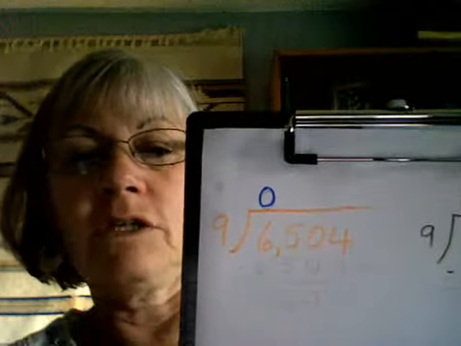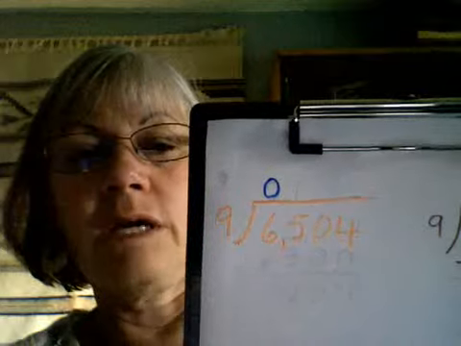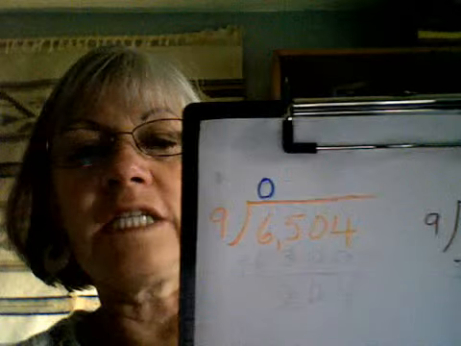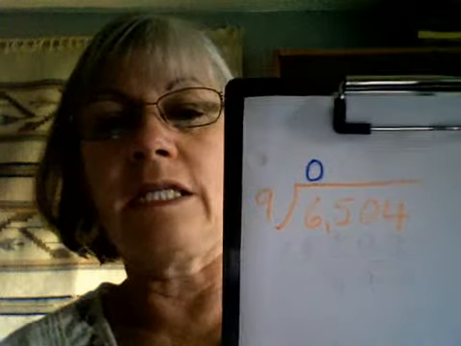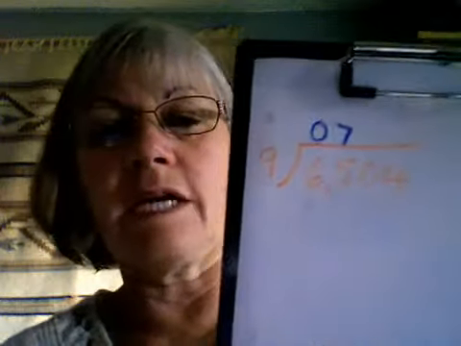Next we move over to the hundreds and we say, oh, we've got 65 hundreds. Now that's something that we can break into 9 equal parts. And I know that there will be 700 in each of those 9 parts.